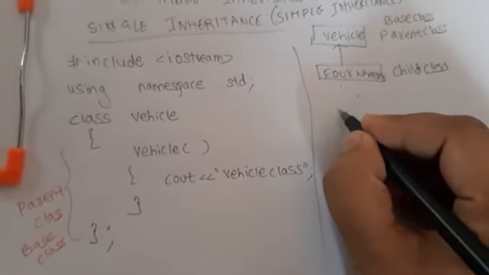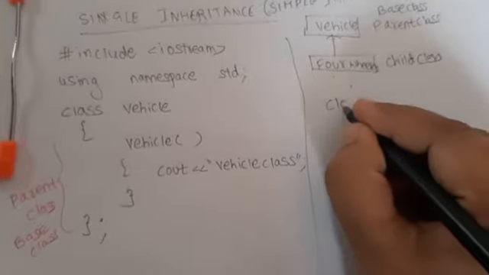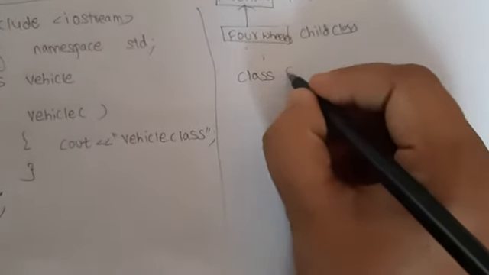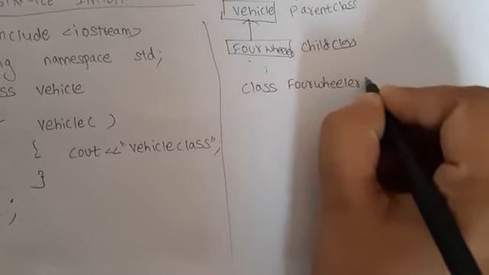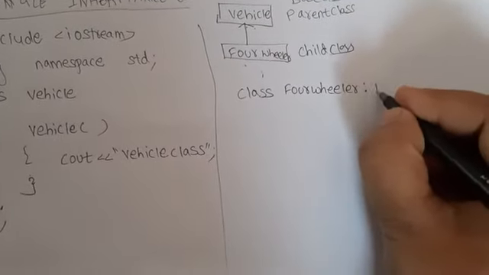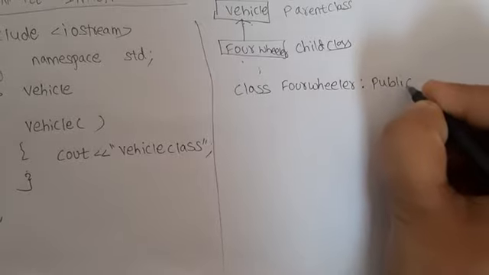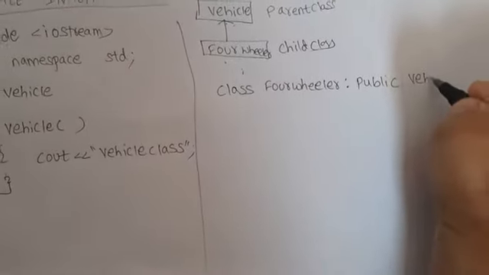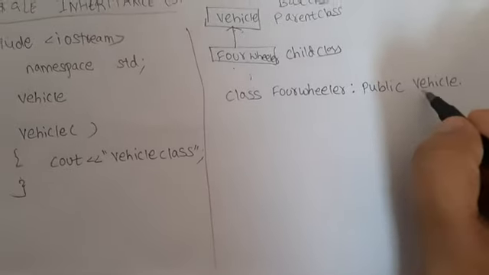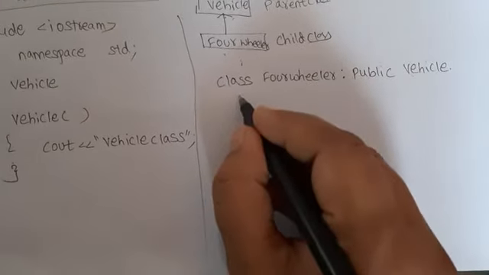See here, the child class name is four wheeler. So class four wheeler, we have to use colon public. What is our parent name? Vehicle. So you are taking the properties of the vehicle to the child class. Now open.